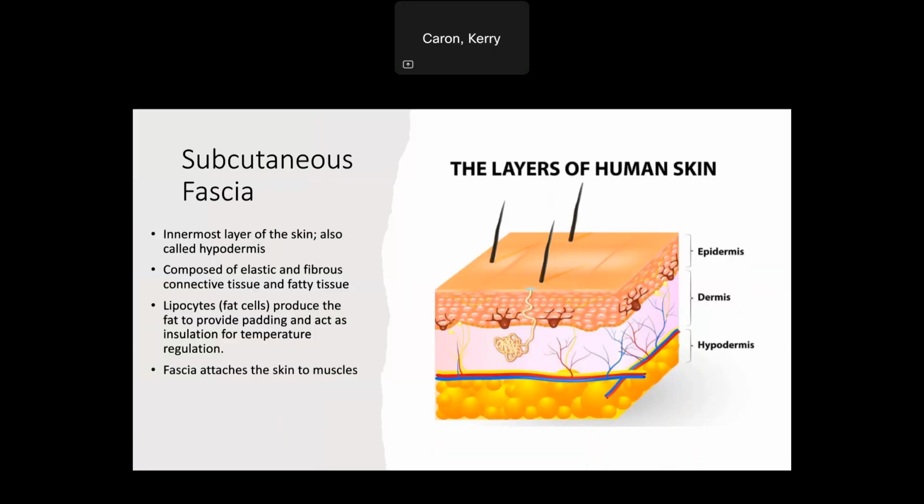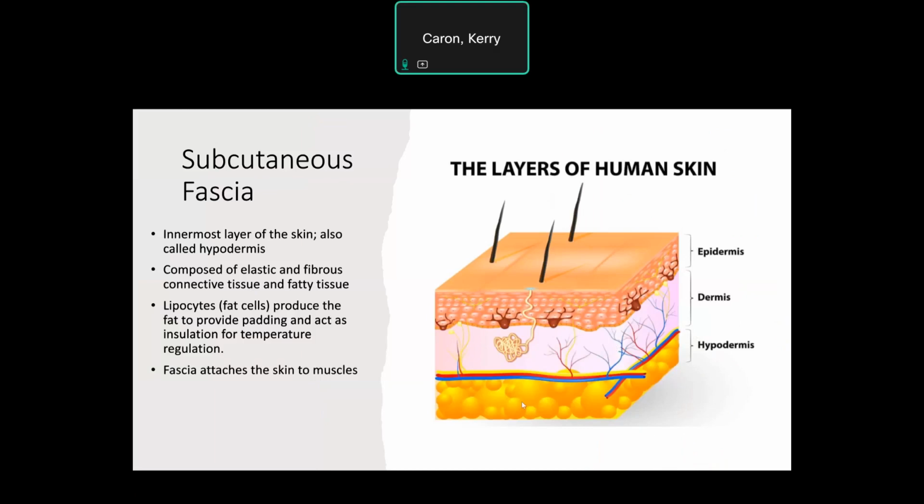Okay, and you can see it in this picture, we've got the epidermis, the dermis, which has got all the stuff, and then the hypodermis, which we also call subcutaneous fascia. That's the innermost layer of the skin. It's composed of elastic, fibrous, fatty tissue. It's a lot of fat in this layer.